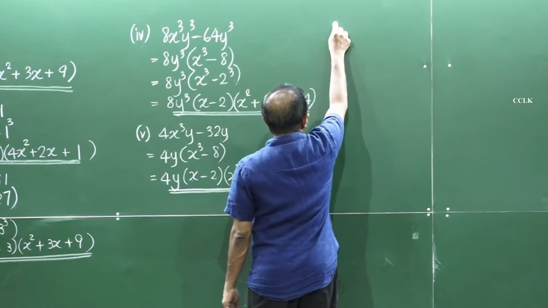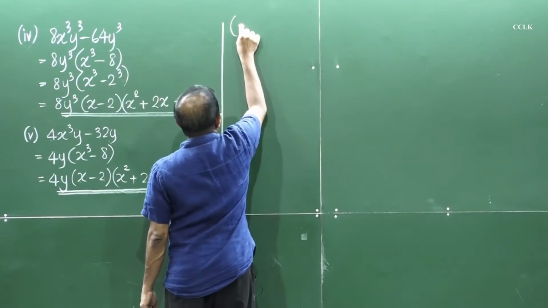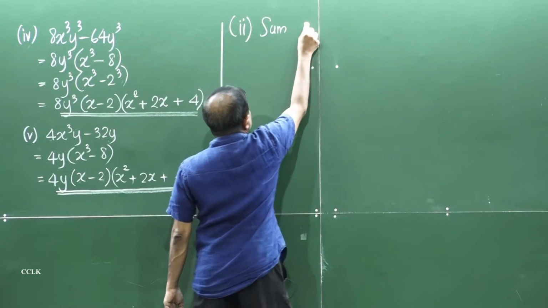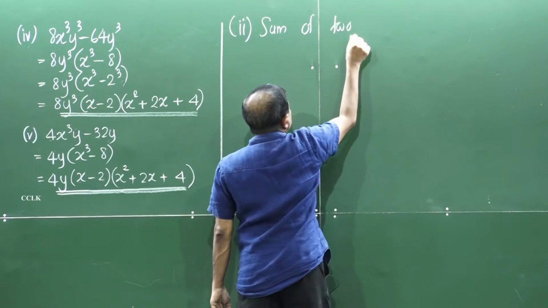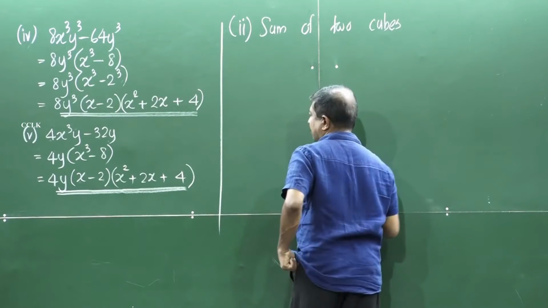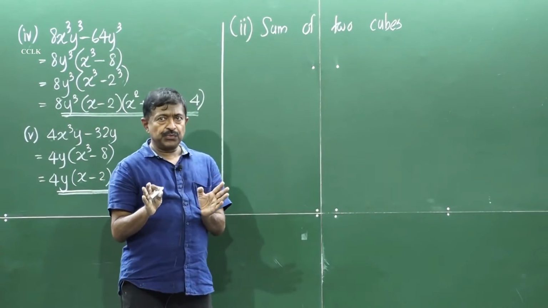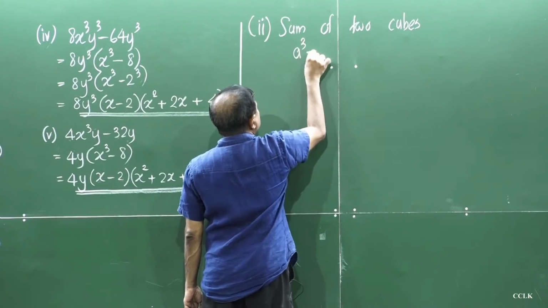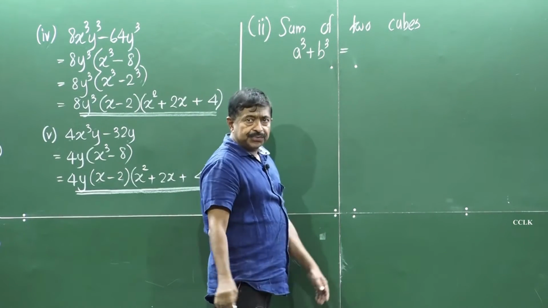That's a sum of 2 cubes. Again, it's very similar to what we did earlier. If you have a sum, do the same thing.